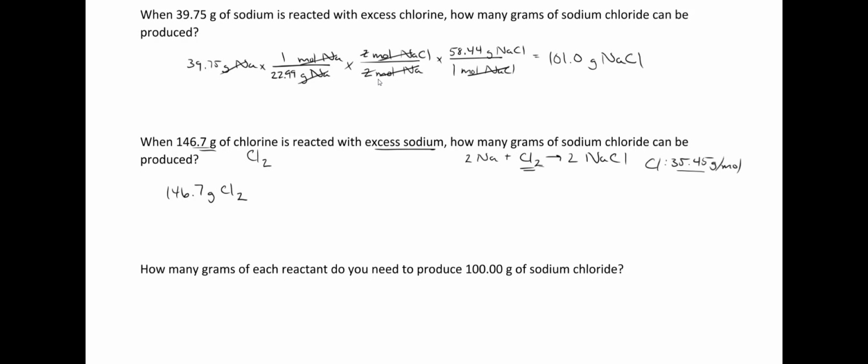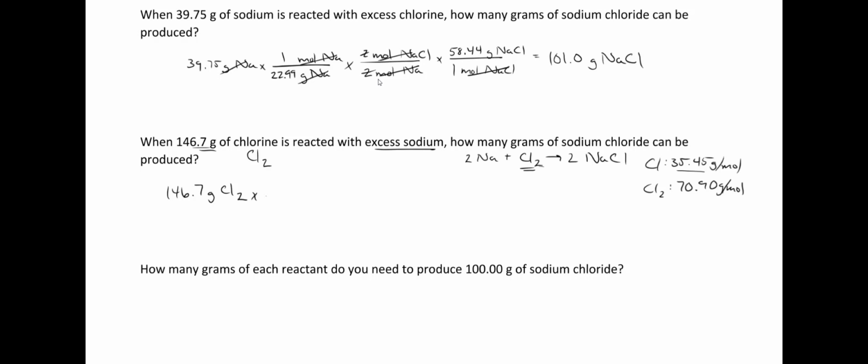So 35.45 times 2 would be 70.90 grams per mole. Be very careful when you're dealing with the diatomic elements that you take that step to multiply by 2. It's just like you would do in any other formula.